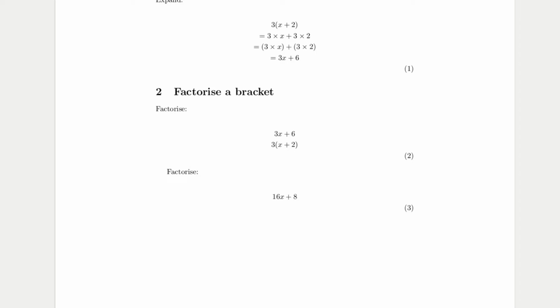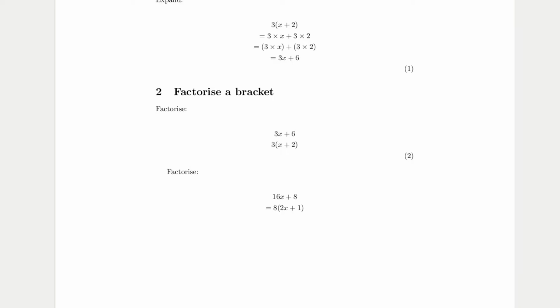But now let us consider the next common factor is 4, because 16 is divisible by 4, and 8 is divisible by 4. But we can still go one higher, and we can go to 8, because 16 is divisible by 8, giving 2, and 8 is divisible by 8, giving 1. So that would be it fully factorised.